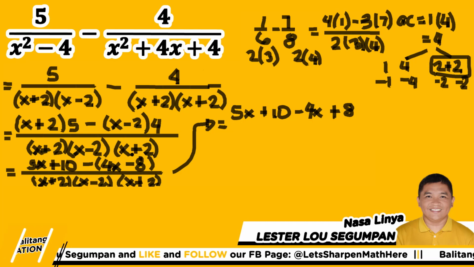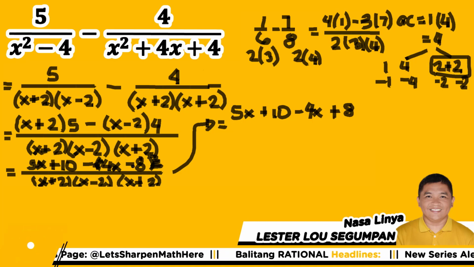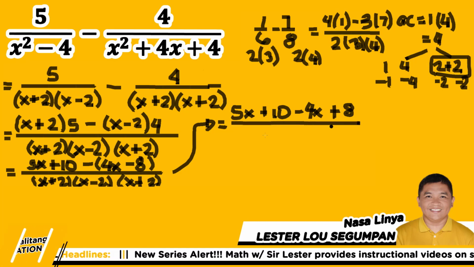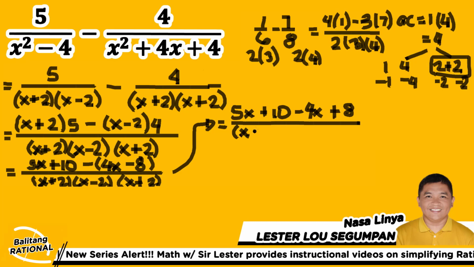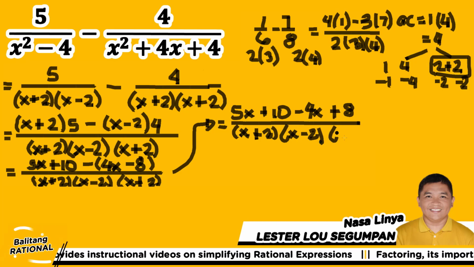See po, kapag di nyo po nilagay ito, yung grouping symbol kanina, you will just assume that it's still minus 8. But it's incorrect and it's not the same when you have your grouping symbol. And this is a more appropriate result. That's why may grouping symbol talaga. But of course, your denominator is still the same. X plus 2 times a binomial x minus 2 times another quantity of x plus 2.